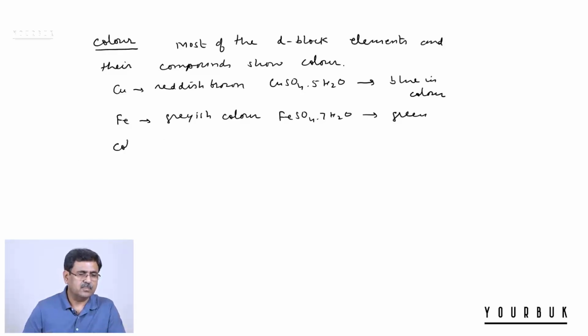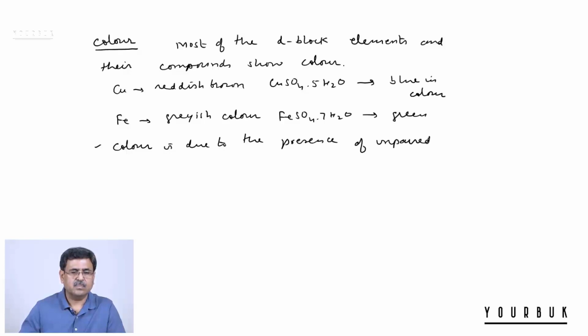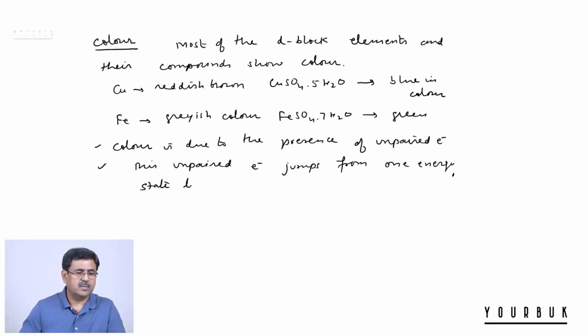And the color is due to the presence of unpaired electron, and this unpaired electron jumps from one energy state to another energy state by the absorption of light.